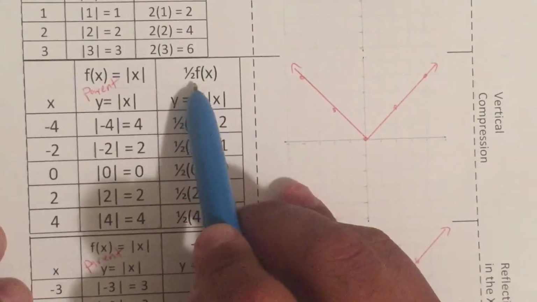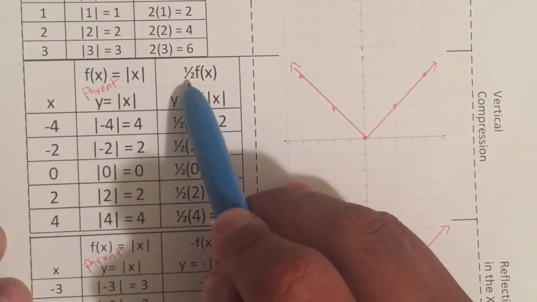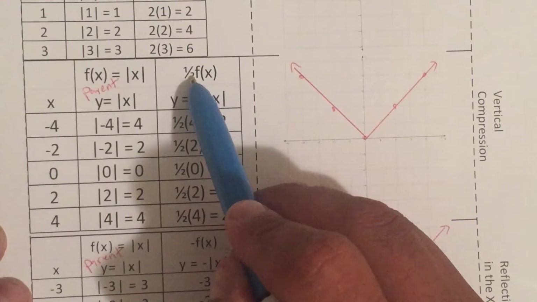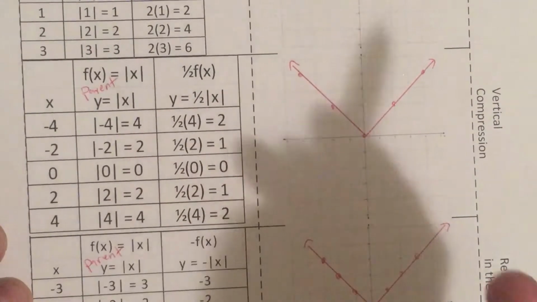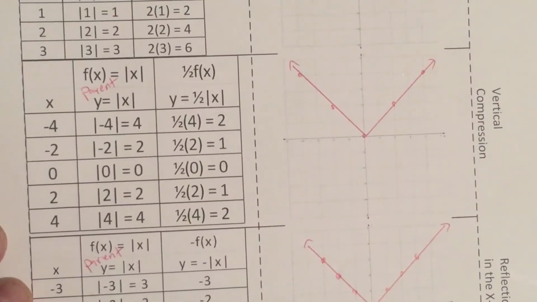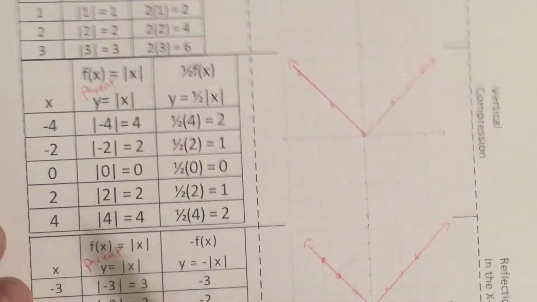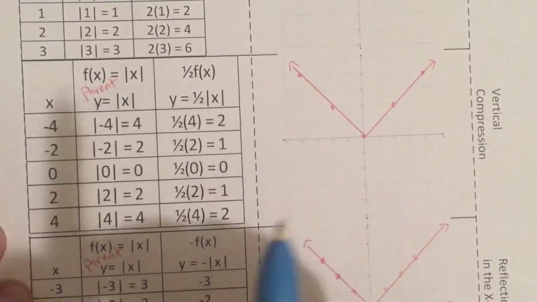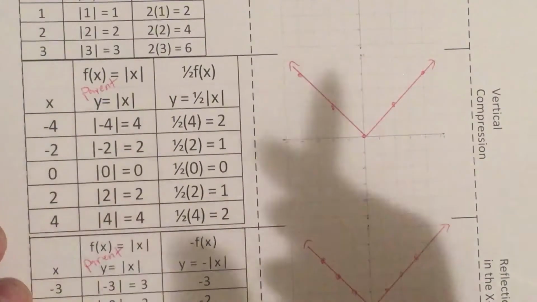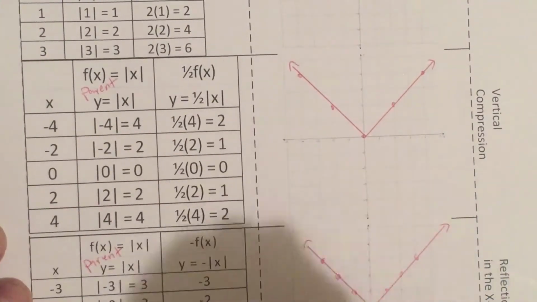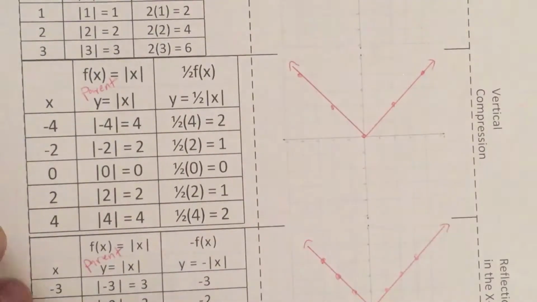Whenever this number is between 0 and 1, it's going to be a compression. If it's greater than 1, it's going to be a stretch. Positive and negative doesn't matter as long as the absolute value of the number is greater than 1. It's going to be a stretch. If it's between 0 and 1, or -1 and 0 on the negative side, it's going to be a compression.